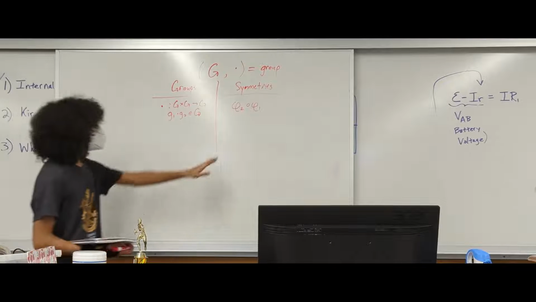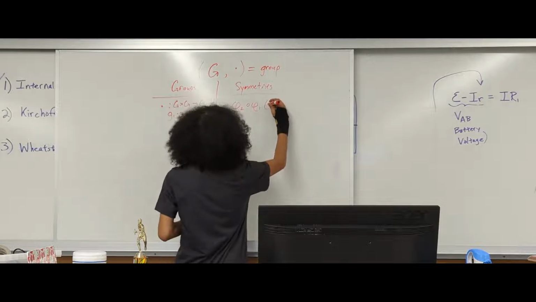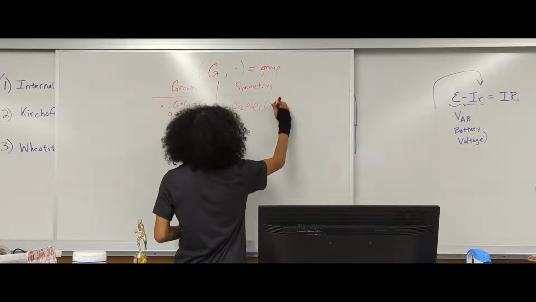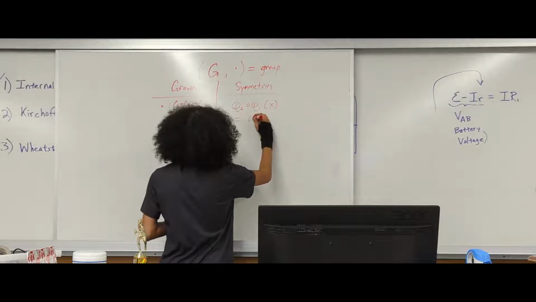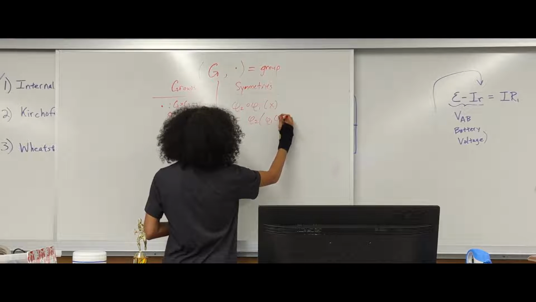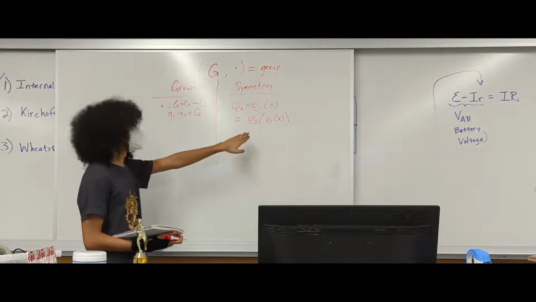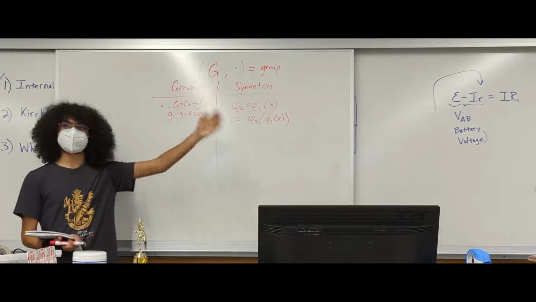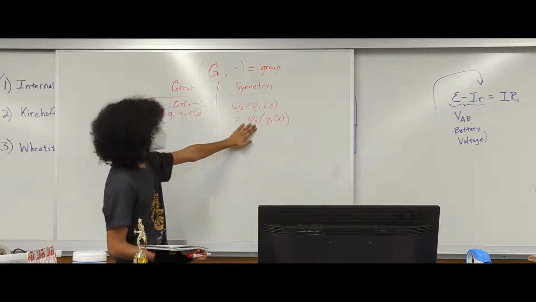But what this means is that, let's say you put something into here. You map x through phi 1, and then you map it through phi 2. This is what I was talking about when we were compounding symmetry transformations: you do one symmetry transformation, and then you do another.